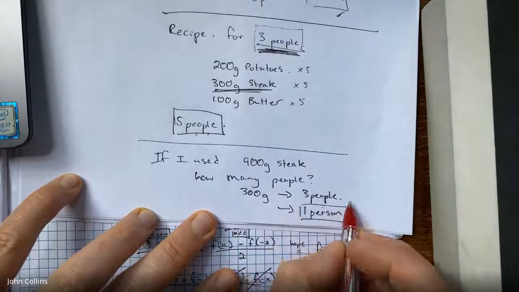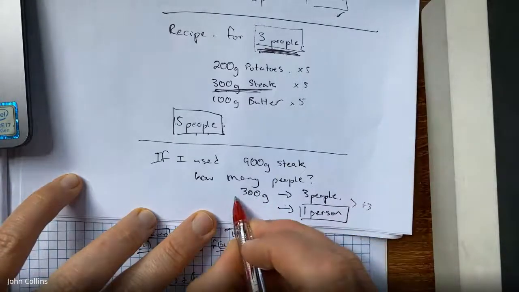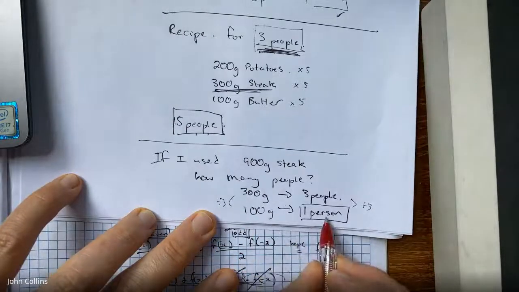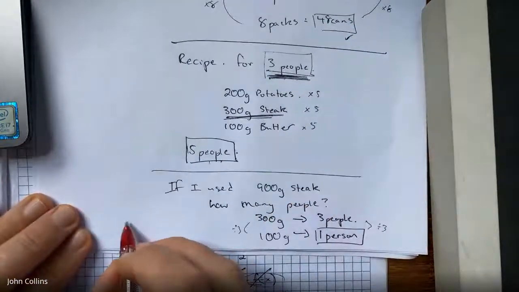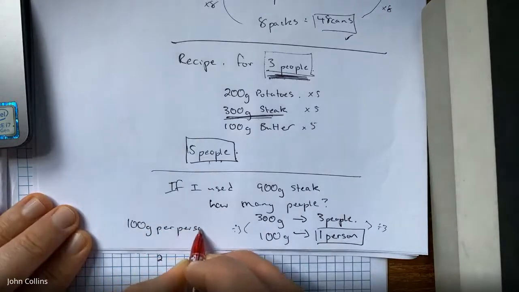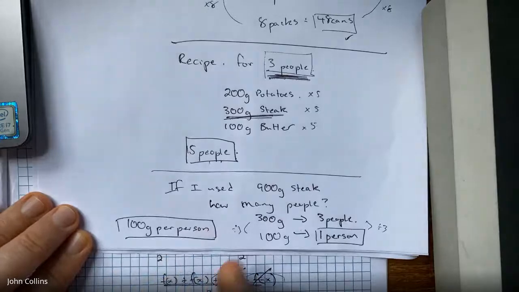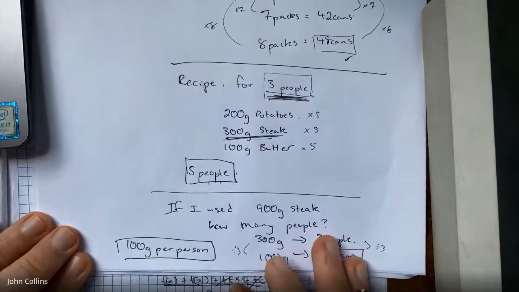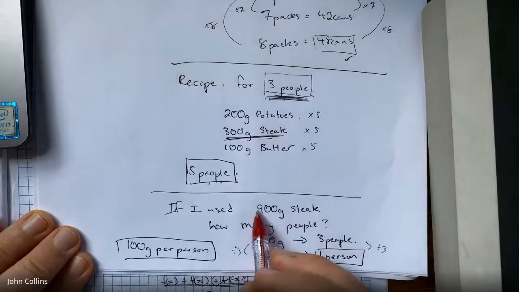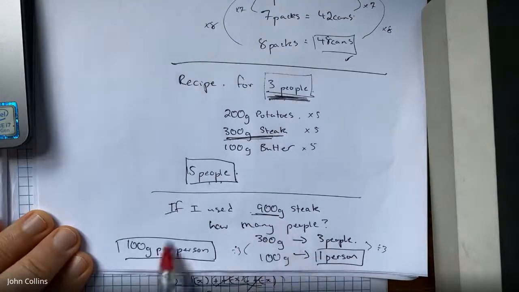So 1 person, well, that's dividing by 3, so 100 grams per person. And that'd be like a rate then, 100 grams per person. So we did rates yesterday. So once I have that, I can figure out how many people are at the party, no matter what weight it is. So 900 would be 9 times that.